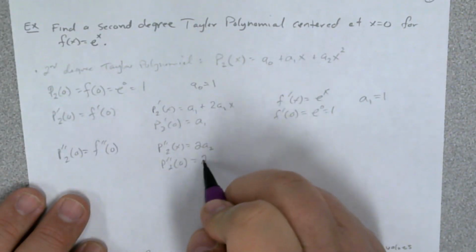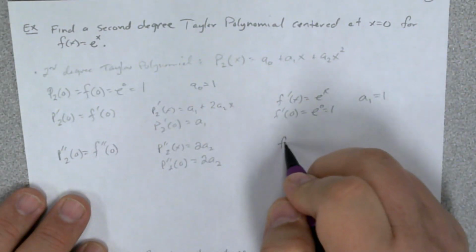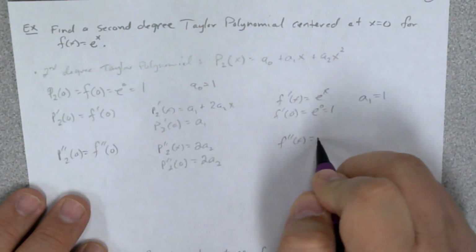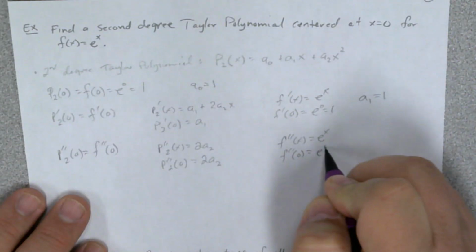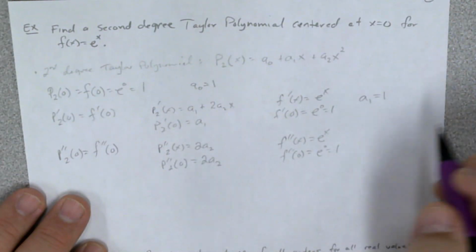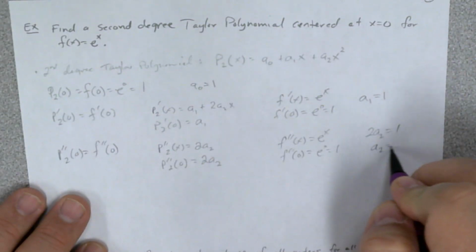Over here we have f double prime at x is going to be e to the x, and f double prime at 0 is still 1. So 2 a sub 2 wants to be 1, so a sub 2 has to be 1/2.